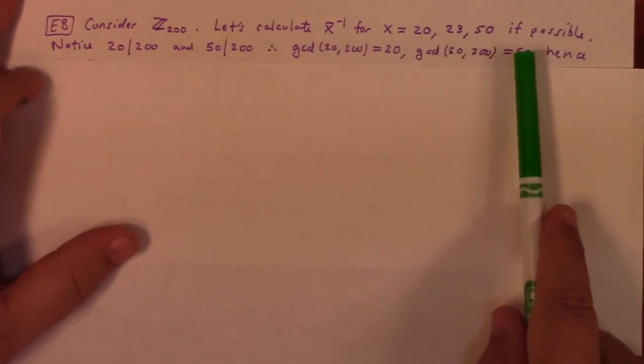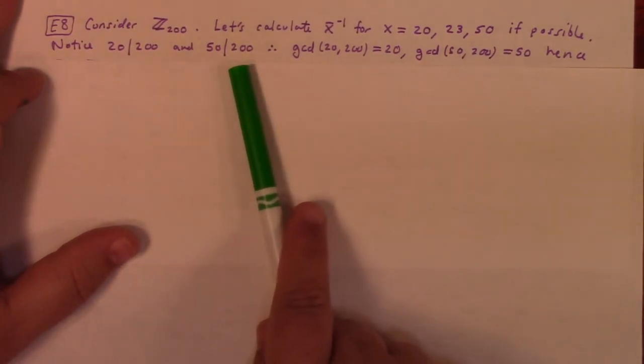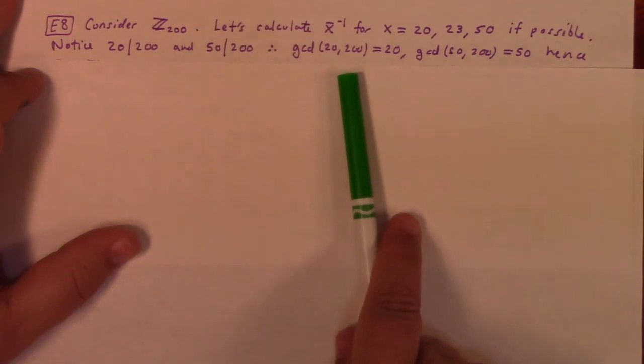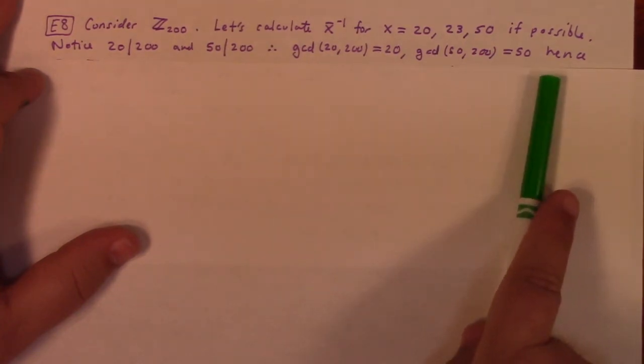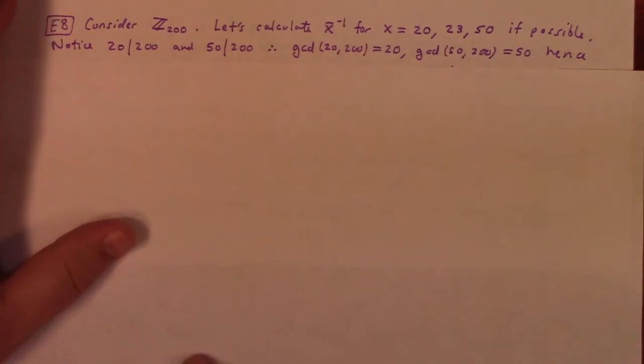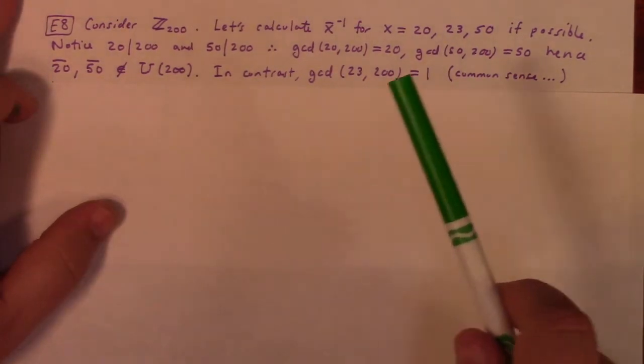First up, 20 divides 200 and 50 divides 200, which tells us the GCD of 20 and 200 is 20. The greatest common divisor of 50 and 200 is 50, so those are not coprime, and therefore 20 bar and 50 bar are not units mod 200.